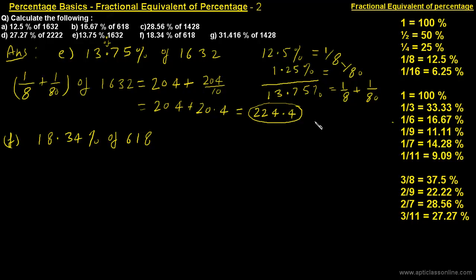It is closer to 16.67%, which is equivalent to 1 by 6, as we have seen here. 18.34% is somewhat bigger than 16.67%. How much bigger?